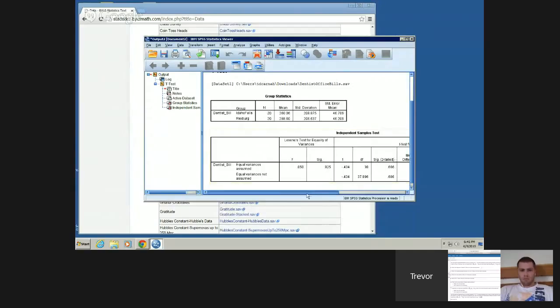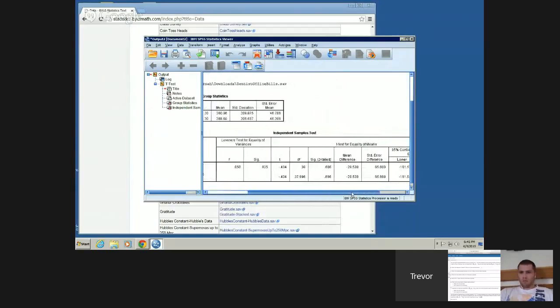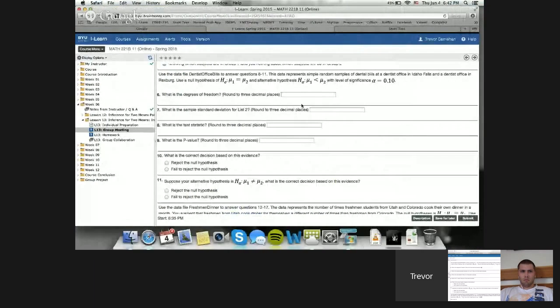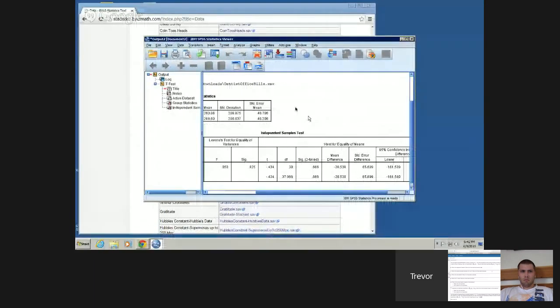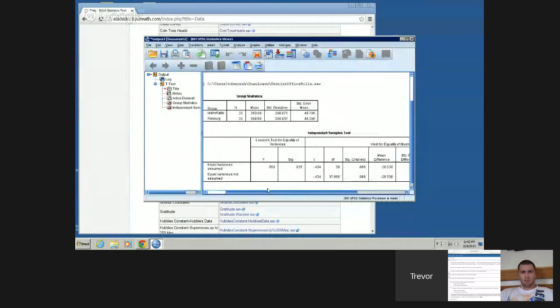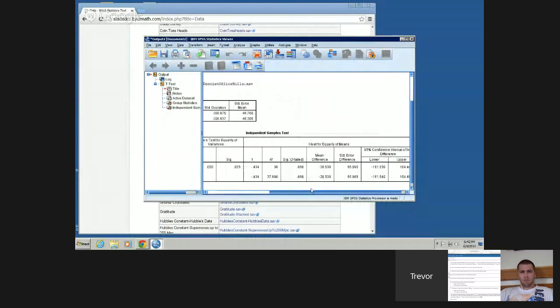The degrees of freedom, yours shows 37.996, right? Yeah. I thought degrees of freedom was n-1.